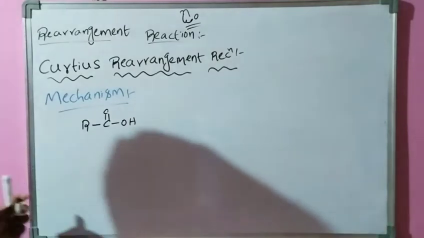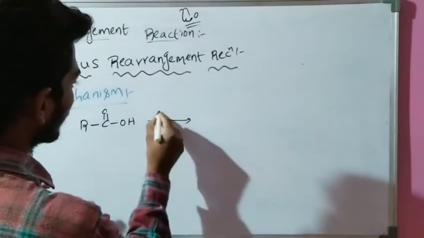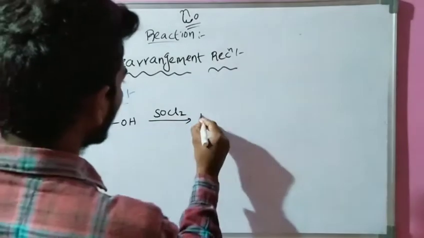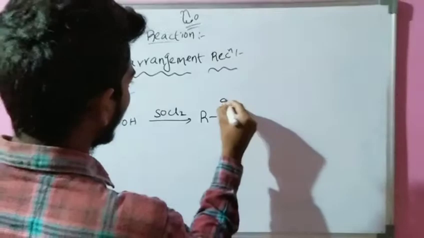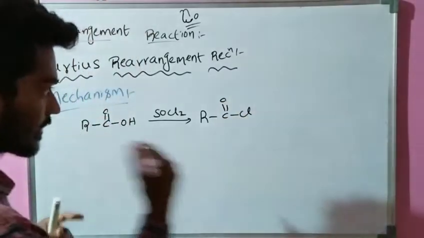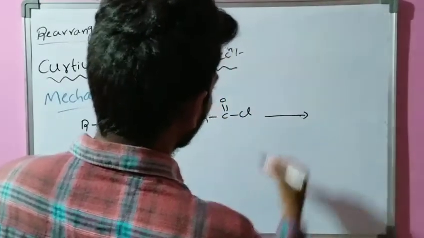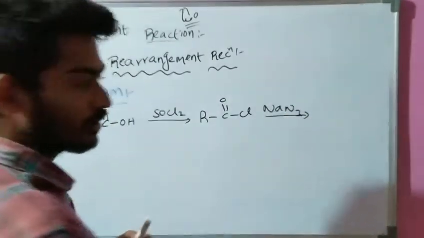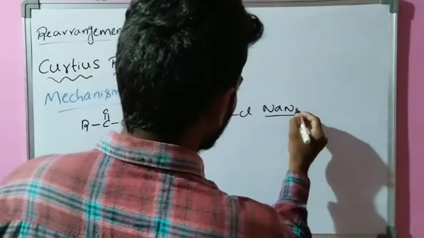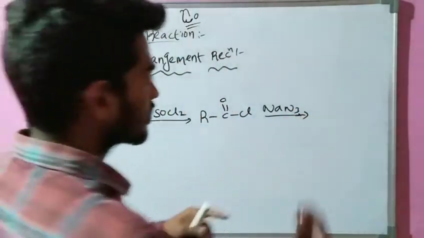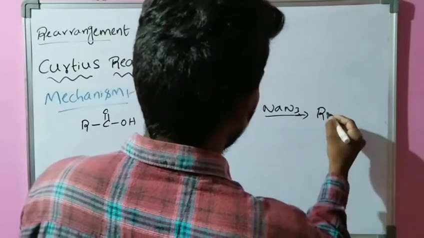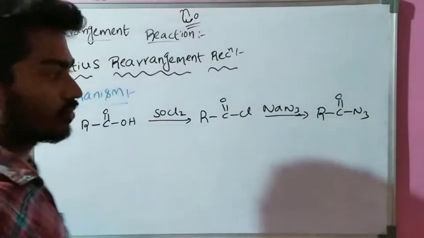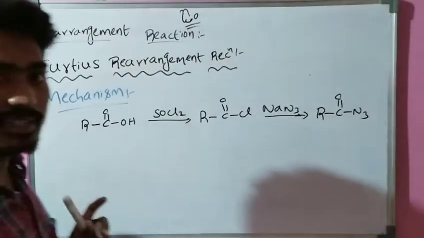We take a carboxylic acid, which is treated with thionyl chloride, and it forms an acyl halide. This acyl halide is treated with sodium azide, NaN3, and then it forms our required product, RCON3. The acyl azide is formed. This is the preparation of the acyl azide.